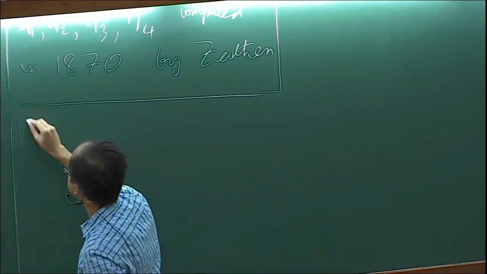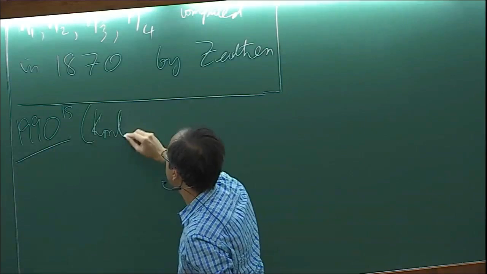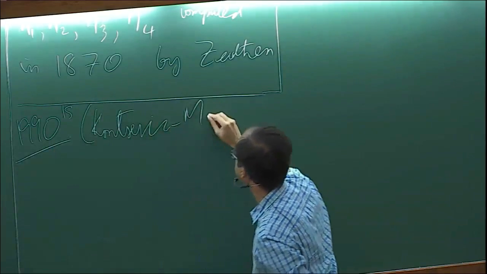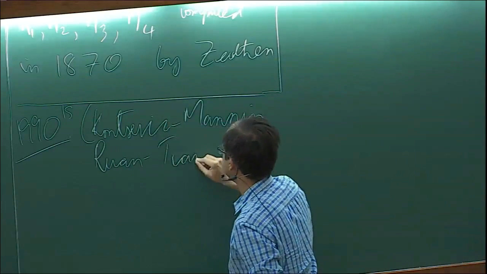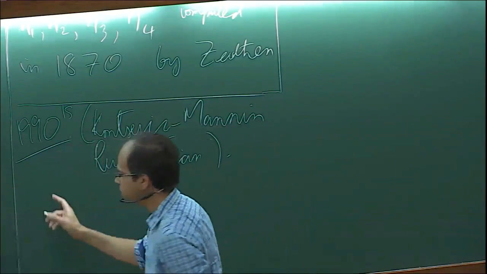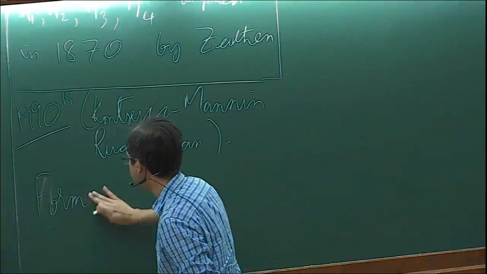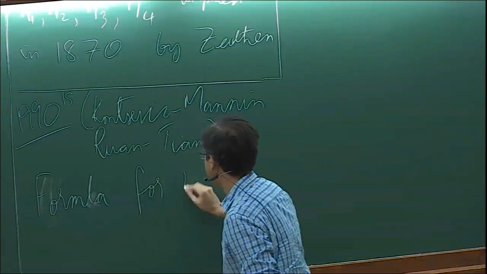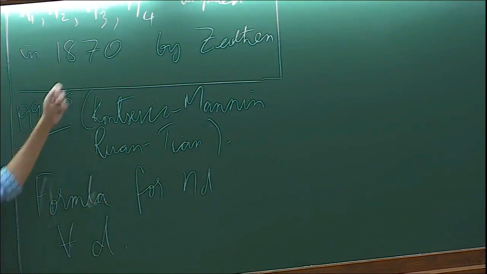And so more than 100 years later, around the 1990s, Kontsevich, Manin, and Ruan, using symplectic geometry, found an explicit formula for N_D for all D. So more than 100 years to go from N4 to N5 or all N_D.